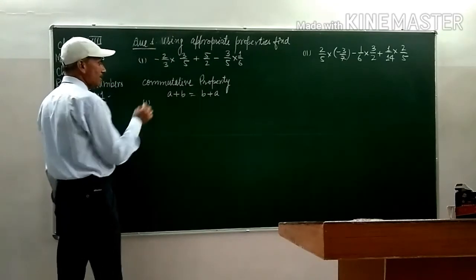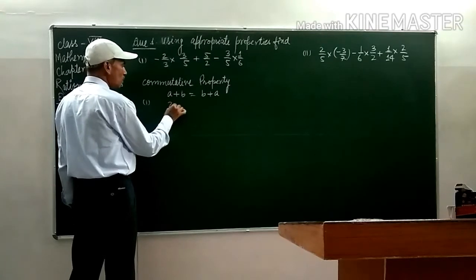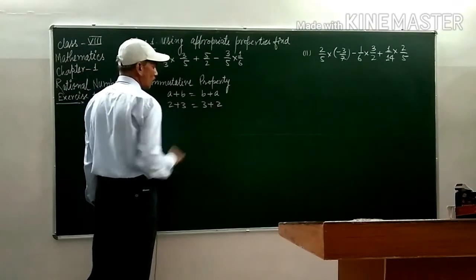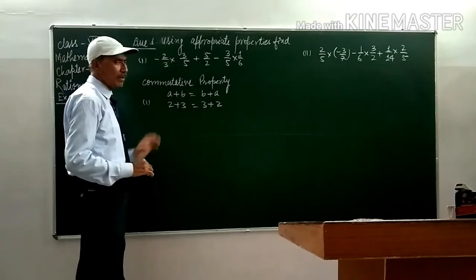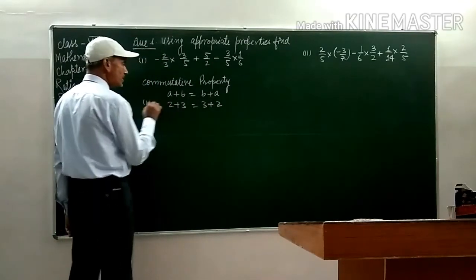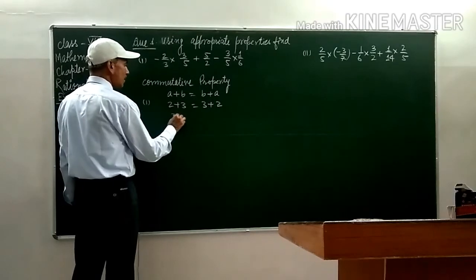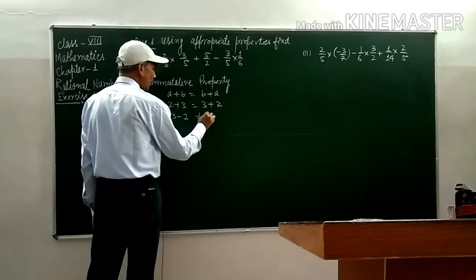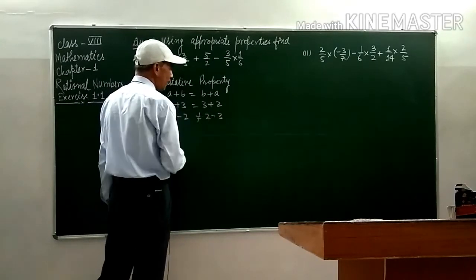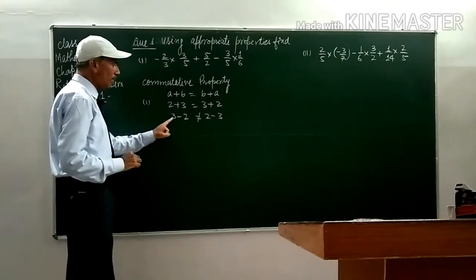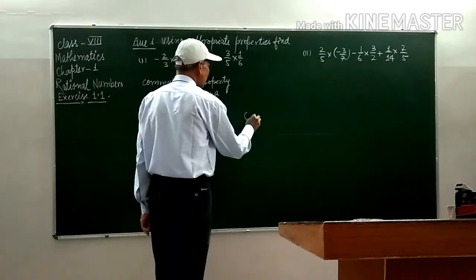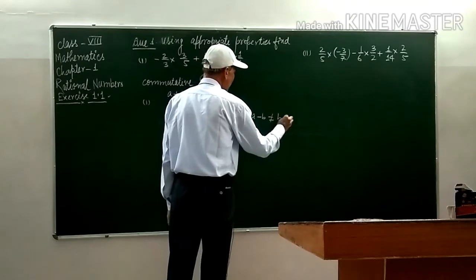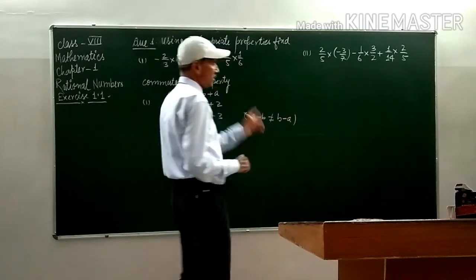In case of addition, 2 plus 3 is equal to 3 plus 2, both are equal. And in the second case, 3 minus 2 is not equal to 2 minus 3. Here a minus b is not equal to b minus a. Remember it, student.